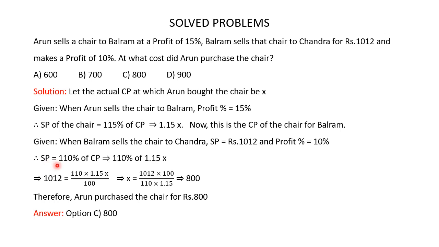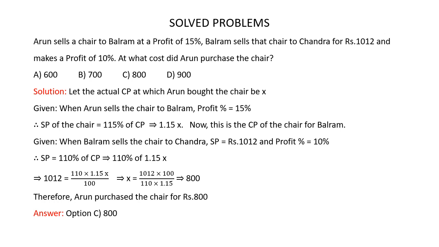So selling price is equal to 110% of cost price. Now we know that the cost price is 1.15x. So selling price is equal to 110% of 1.15x. Now it's given that selling price is rupees 1012.